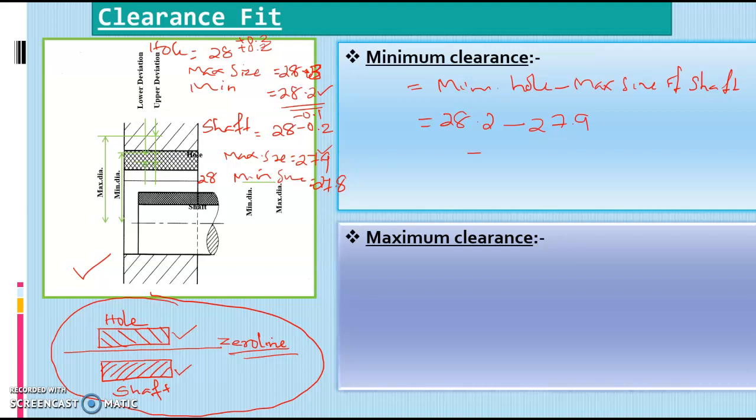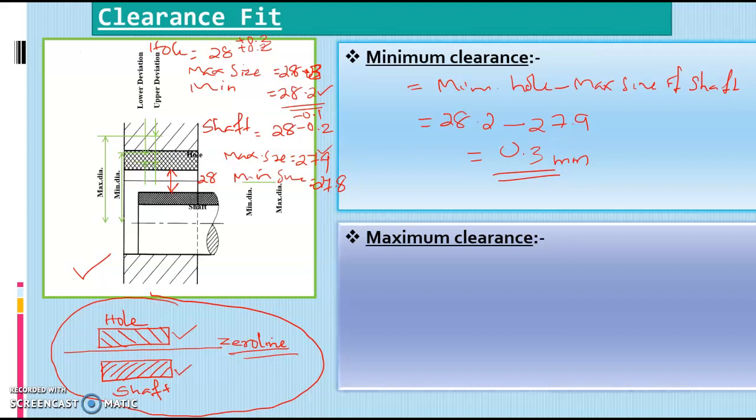So the difference is 0.3 mm. So that is our minimum clearance, and that can be represented with this line. So this difference is our minimum clearance in this example.